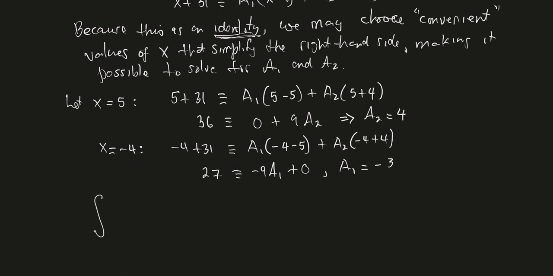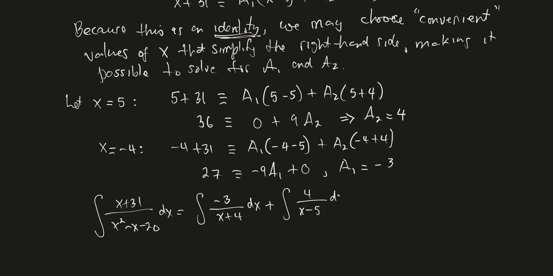All right, so now let's finish the problem. Again, I always like to go back to the original. So we have the integral of x plus 31 over x squared, what was it, minus x minus 20 dx. We decomposed this, and we got it to the form -3 over x plus 4 dx plus the integral of 4 over x minus 5 dx.